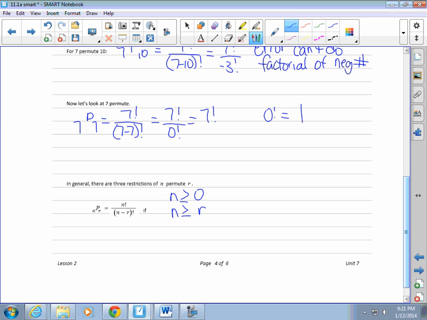So I can't take 7 objects and arrange them 10 at a time. And your r has to be greater than or equal to 0, because you can't say I'm taking 7 objects and arranging them in negative 7 ways. That doesn't work. You have to arrange them at least in either 0 ways or in 1 way.